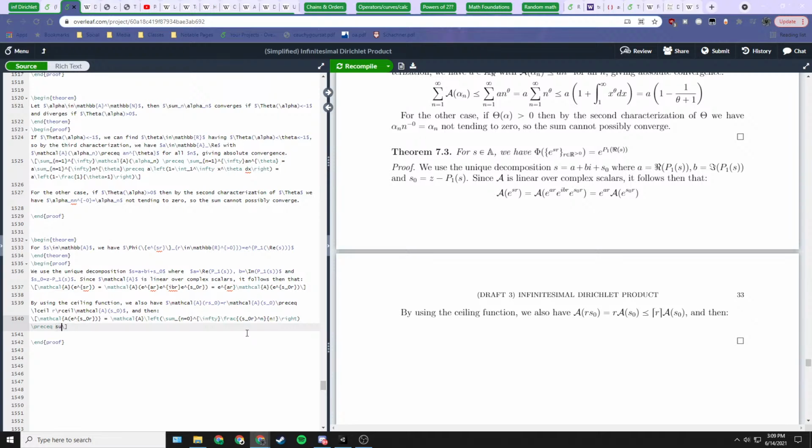And this should be the sum, again, n equals 0 to infinity. Then we have factorial on the bottom. We have A of S0R to the n.